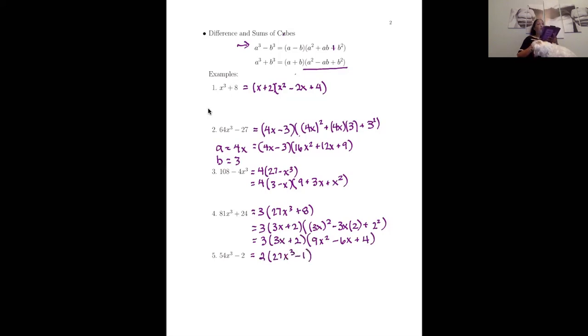The cube root of 27x cubed is 3x, and the cube root of 1 is 1. So I have a 3x minus 1 times a 9x squared plus 3x plus 1. All right, and that is factoring with differences and sums of cubes.